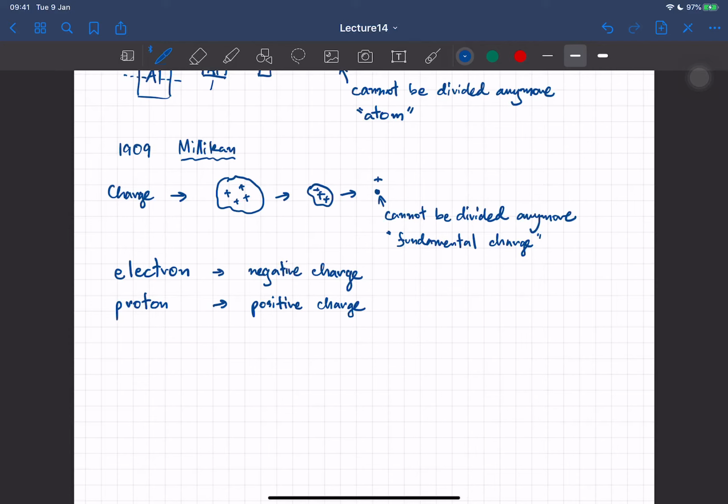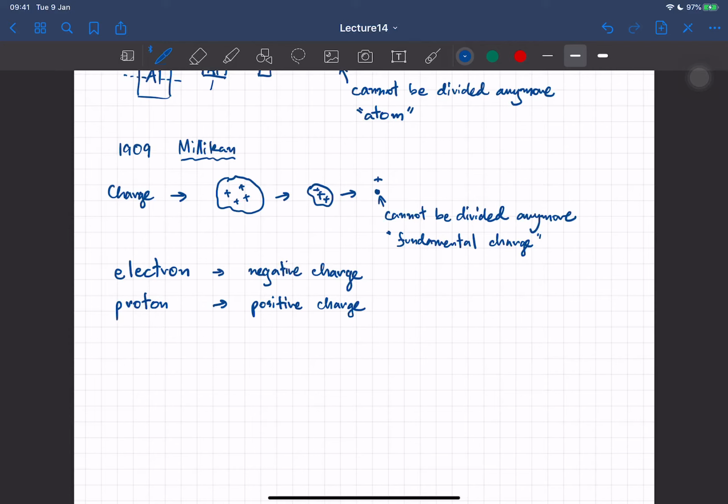Some of you might know something about subatomic particles, like quarks or something like that. We're not talking about that because, strictly speaking, quarks, which have a fraction of the fundamental unit of charge, cannot exist freely, so they have to be clumped together. So the charge that we can measure in experiment will always be either the electron or proton charge, the smallest amount of charge that you can have.